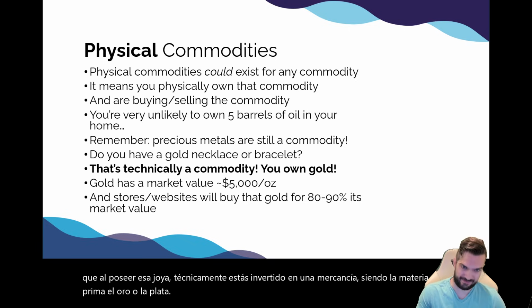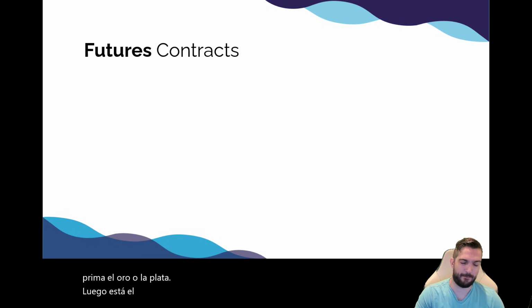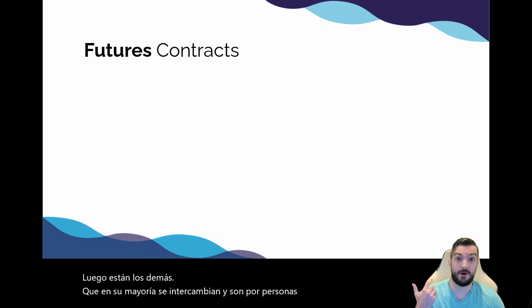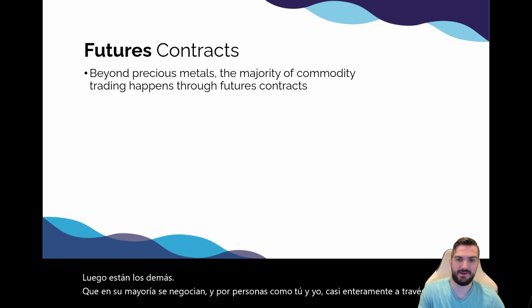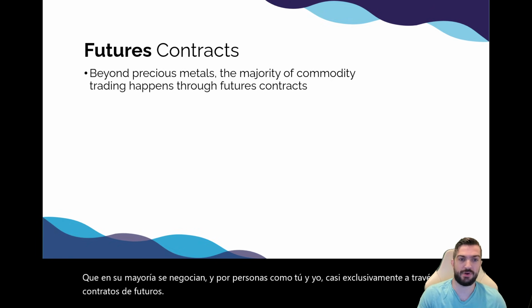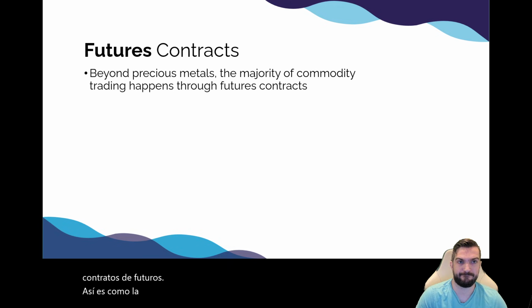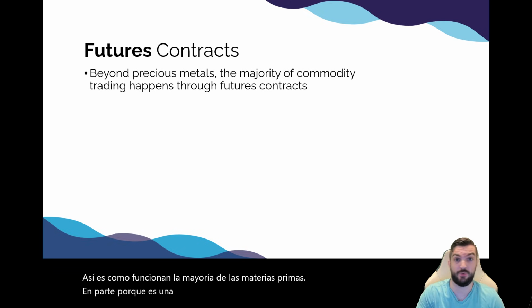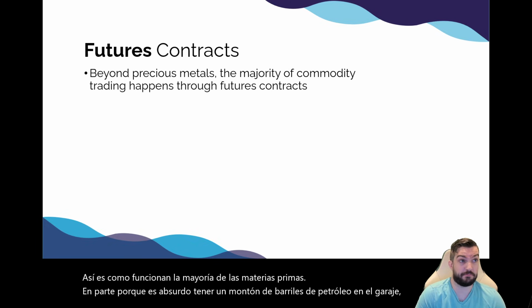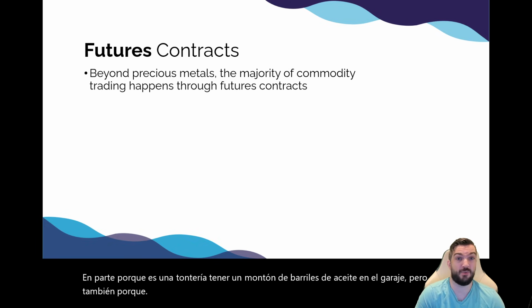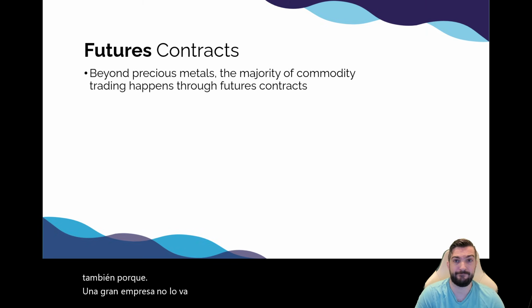Then there's the rest of them, which mostly are traded, by people like you and me, almost entirely through futures contracts. This is how the majority of commodities work. Partially because it's silly to just have a bunch of barrels of oil sitting in your garage, but also because a big company is not going to want 5 barrels of oil.